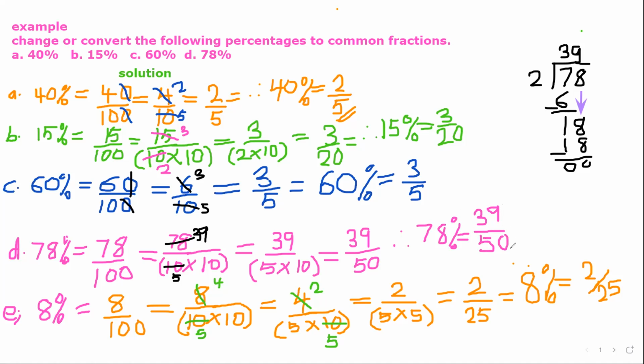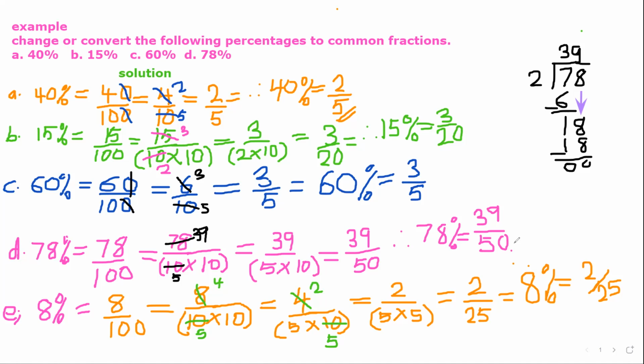Okay, good. So always divide the percentage by 100 and then start reducing the fractions to their simplest form. And that is how we change or convert percentage to common fraction.